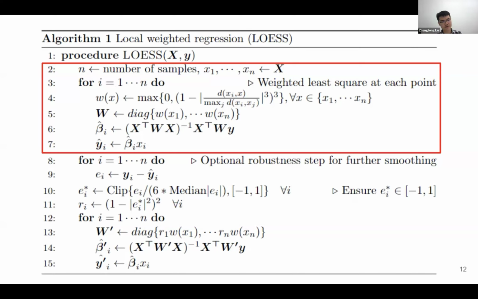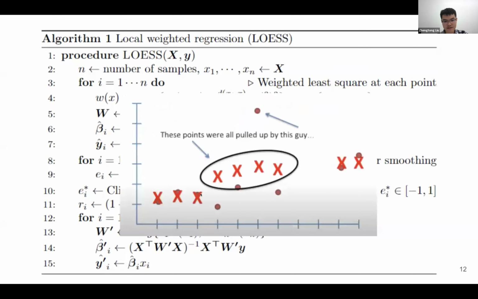Then we run a regression for this point, and predict the function value using the least squares regression. We do this for all data points. After this, we will have something like this, where the crosses are the fitted values and the red dots are the actual data points. But we notice that some points are actually pulled by these outliers.